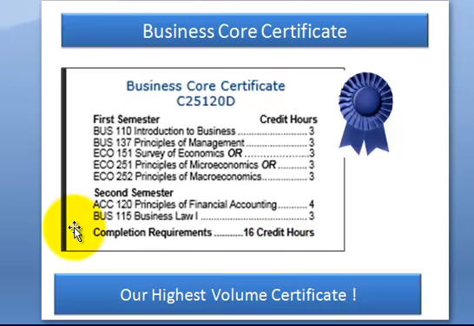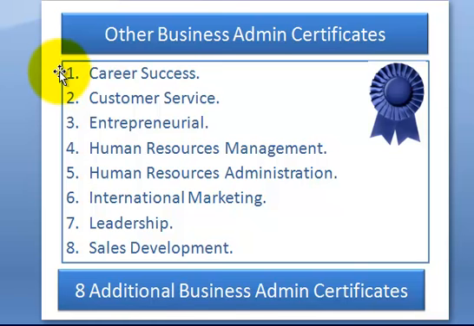And there are the requirements for the Business Core Certificate. In addition to the Business Core, there are 8 others for a total of 9 in all sorts of specialty areas. And again, the requirements for these are all on the website, or you can talk to your advisor, or oftentimes your instructor about these programs.